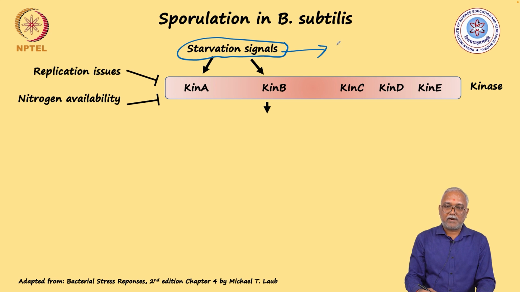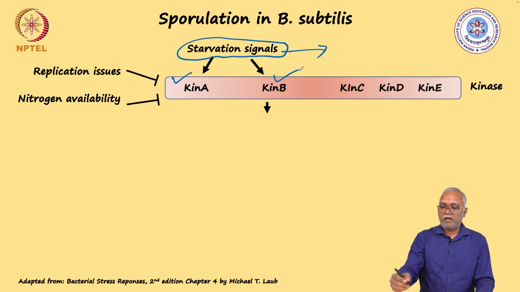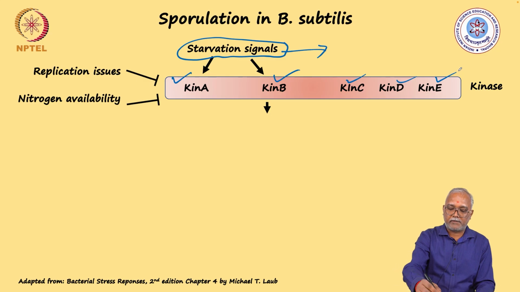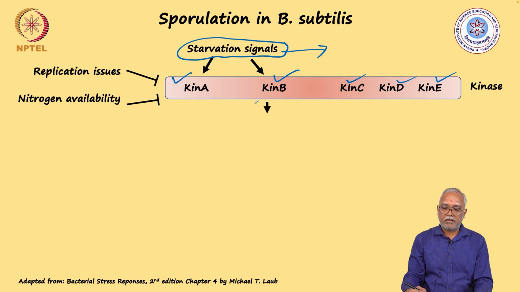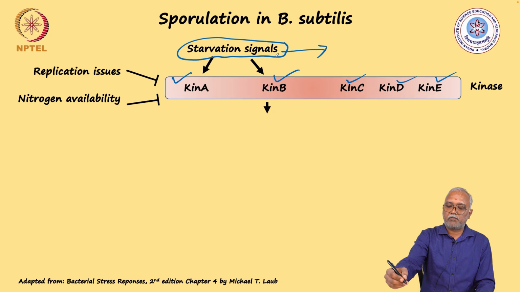This starvation signal is received by the kinase, which are these two as shown here. Other kinases, KinC, KinD and KinE, are also involved in this regulation. But because of the redundancy of their function, let's see how KinA and KinB are mediating this response. So you can understand what exactly the starvation signal would be.